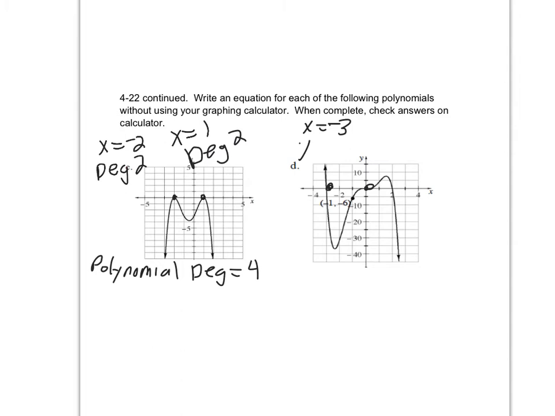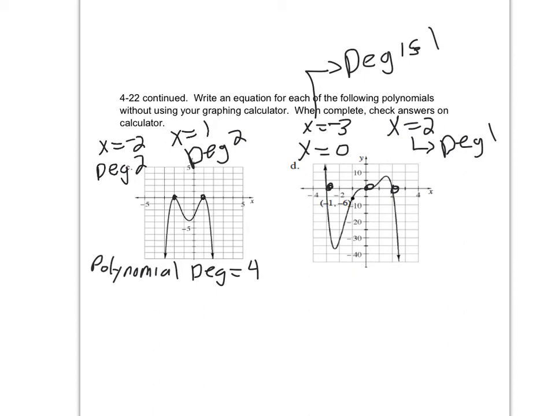In part D, you have 3 roots, x equaling negative 3, x equaling 0, and x equaling 2. At x equaling 2, your degree is 1. At x equaling negative 3, the degree is 1.